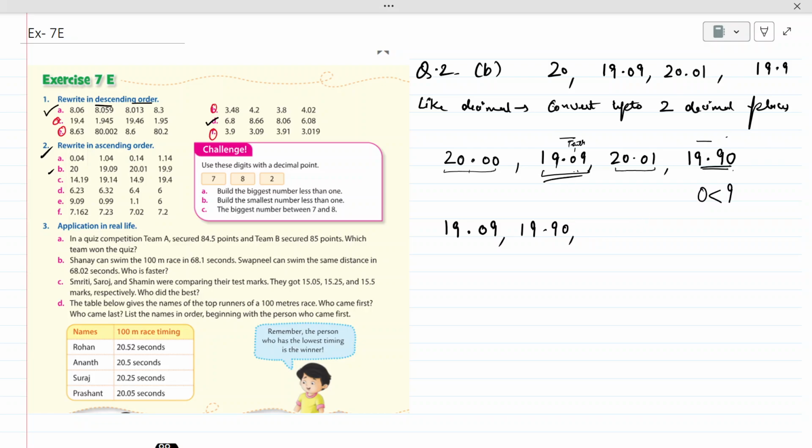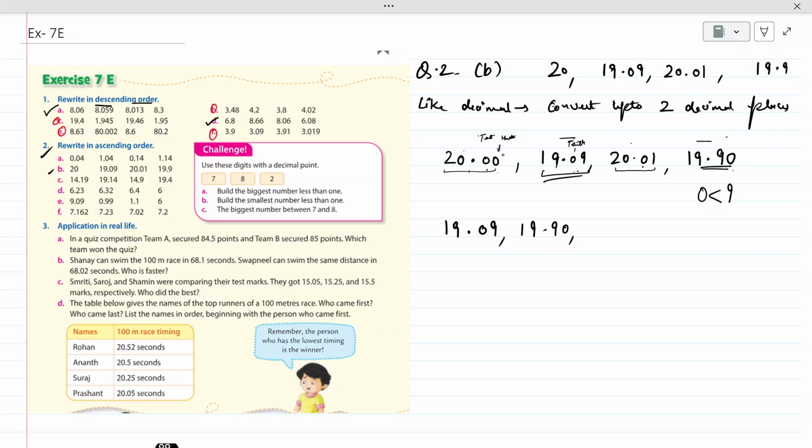Now we are left with 20.00 and 20.01. So here when we compare both these numbers, we see at the whole part the number is same, and then we compare the 10th place. The 10th place is 0 here and here also it is same. So that means now we have to move to the 100th part for comparison.